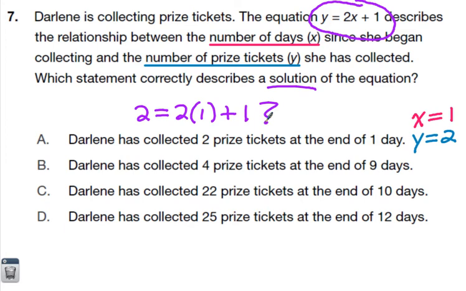Is 2 equal to 2 times 1 plus 1? And it's not. So it's not A.